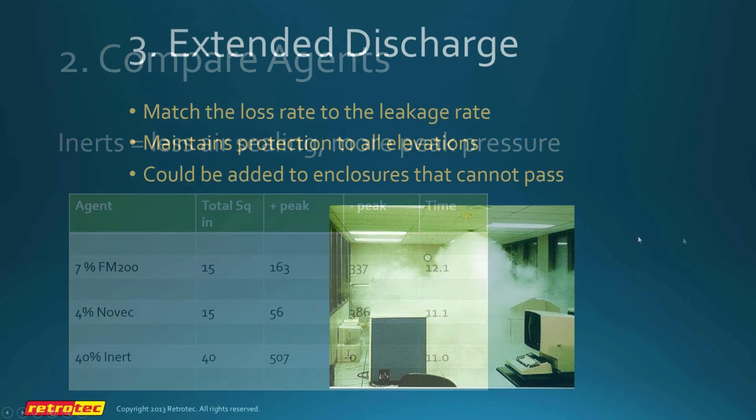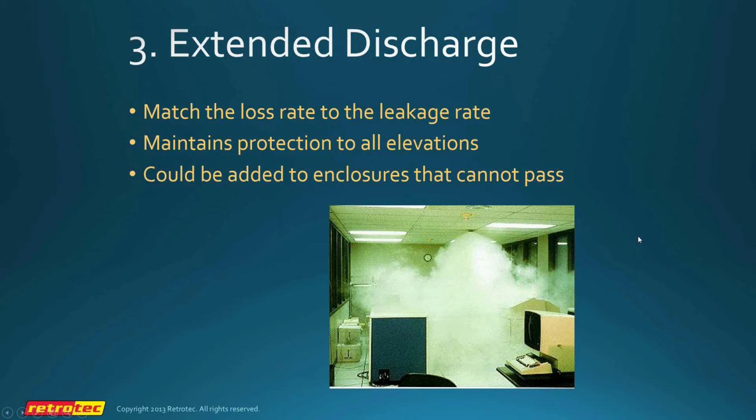The next thing is extended discharge, which is pretty common with CO2. In fact, most CO2 systems I've seen do have a continuous discharge. They will put in an initial concentration and then an extended discharge that will match the loss rate to the leakage rate.